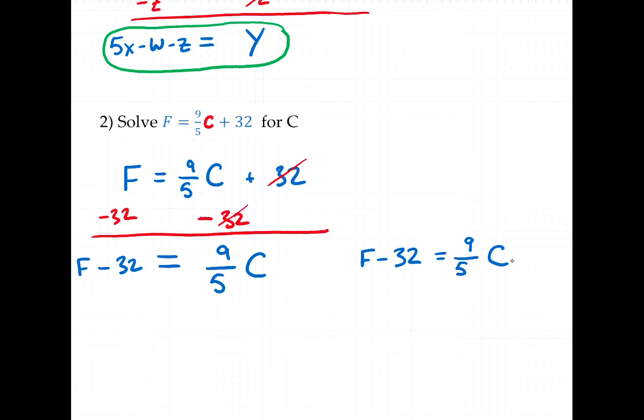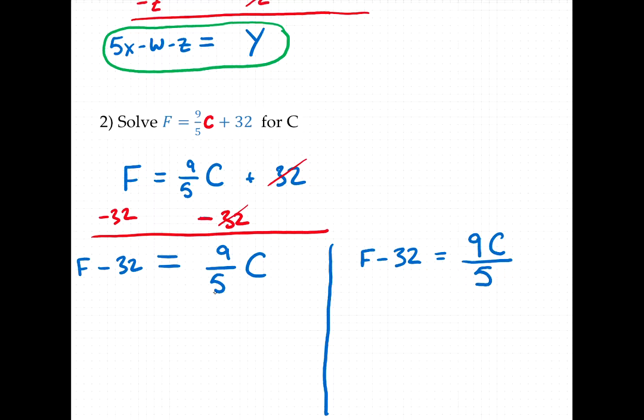And the reason I'm rewriting it is because there's a couple of things we could do here. We have to get c by itself. We have to isolate the c, which means we have to get rid of that fraction 9/5 that's being multiplied by the c. Now we could do this in one step, or we could do this in two. You could look at the 9/5 as a single fraction that you could get rid of in one step, or you can look at 9/5 times c as 9c on top and 5 on the bottom.